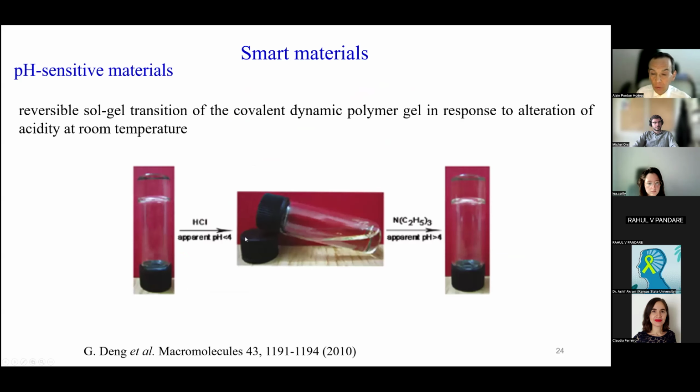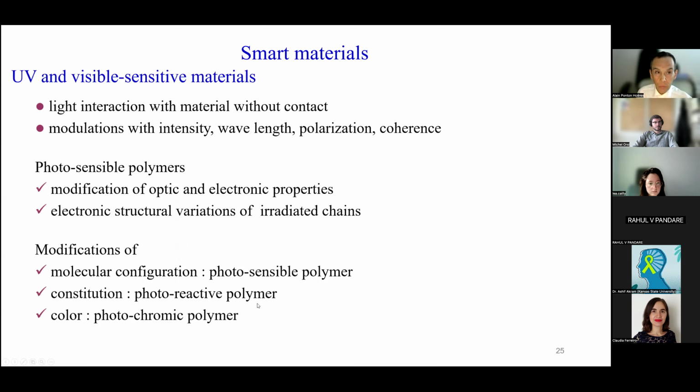Just by changing the pH, in acid condition you have a fluid, and when you increase the pH, you have a hydrogel, just by changing the pH. You can also have some materials sensitive to light, UV light and visible light. And in this case, you have photosensitive polymers.